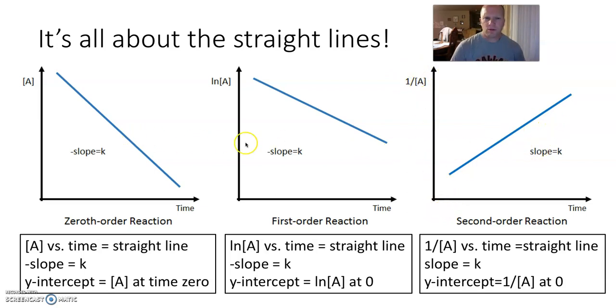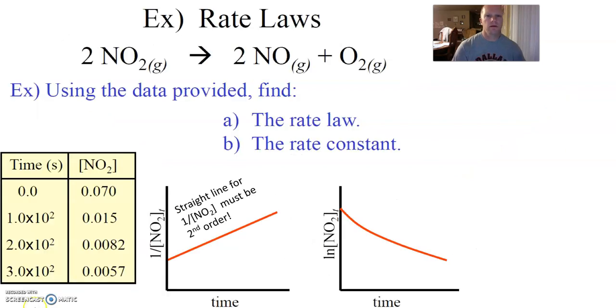So these are all ways that we can tell, looking at data, what order reaction we have. It's all about the straight line, and each of these has a different rate law and a different equation associated with it.